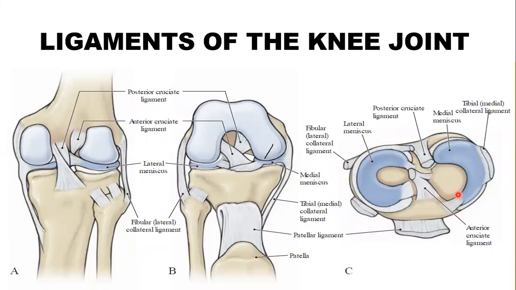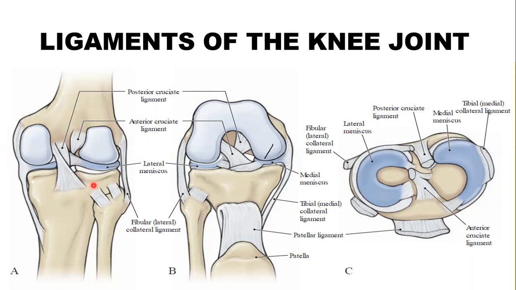So now let me talk about the ligaments of the knee joint. We all know the knee joint is primarily formed by two bones: the distal end of the femur, and down there, the tibia.